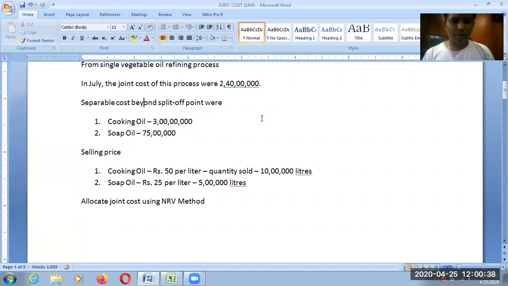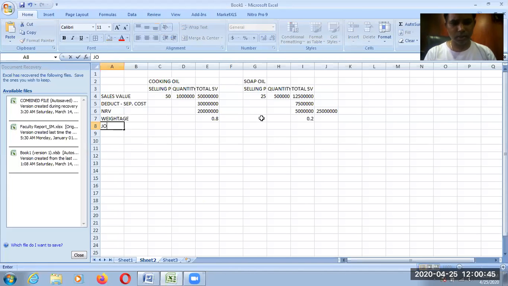Our joint cost was 2 crores and 40 lakhs. Let me put it in brackets so that it is easy for you to understand and recall that this is the joint cost.